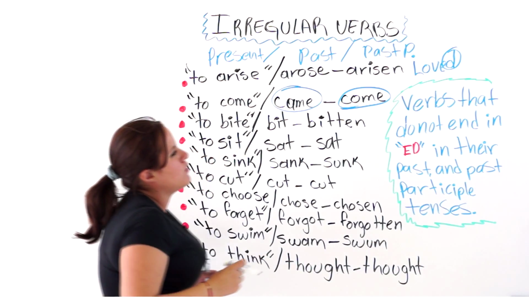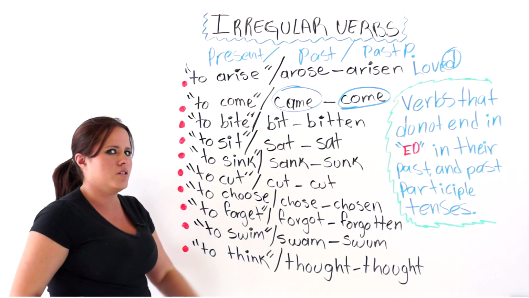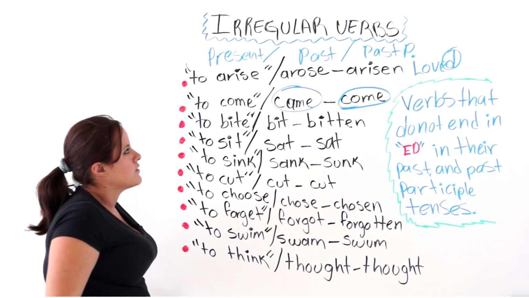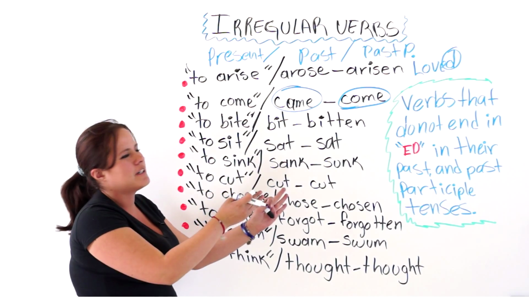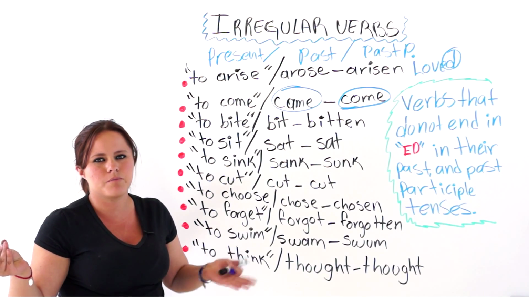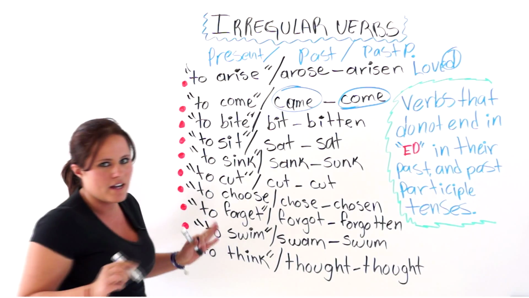Okay? So that is all we do to them. Love, loved. Cook, cooked. Dream, dreamed. So that is really simple. You don't really have to learn those by heart because you just add ed, or if you want the present participle, ing.